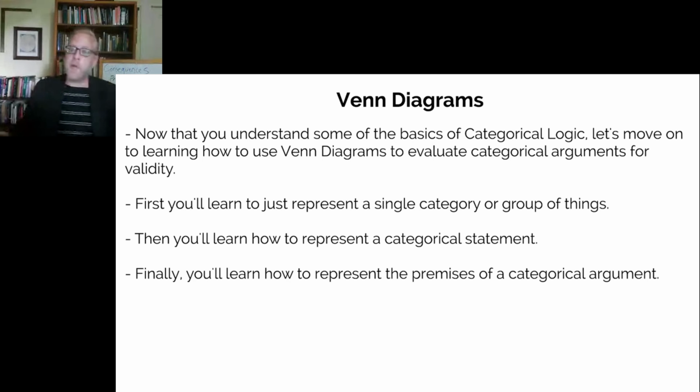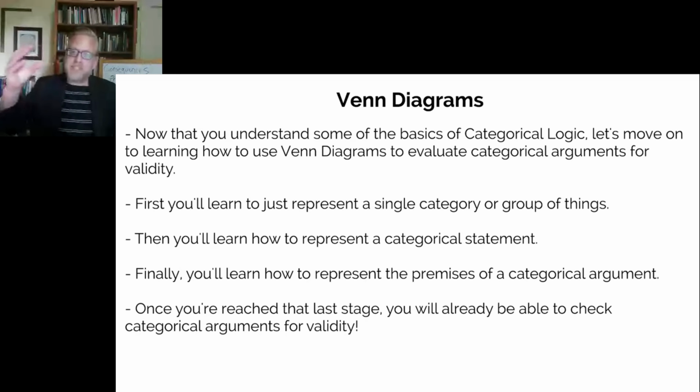And for an argument, there are always three categories total. That's why for representing a single category, you just need one circle. To represent a categorical statement, where you have a subject and a predicate term, which are both categories, you need two circles. Arguments always have three categories, and so you'll need three circles. So we'll start with one, then two, then three.